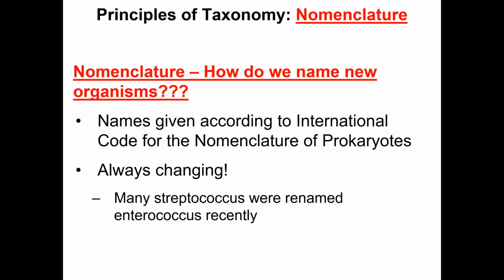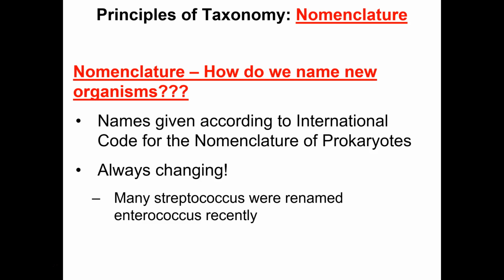So let's just get nomenclature out of the way, because honestly, there's not much to it that we care about. So we have a new organism, or we even have to rename organisms. Who gets to make those decisions, right? Who decided that we're called Escherichia coli or Staphylococcus aureus?